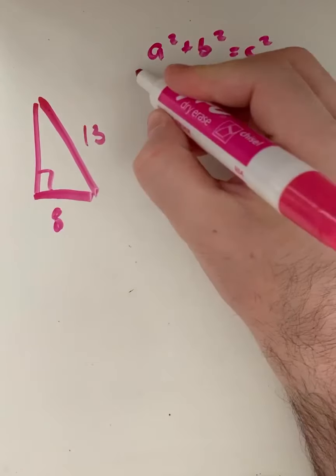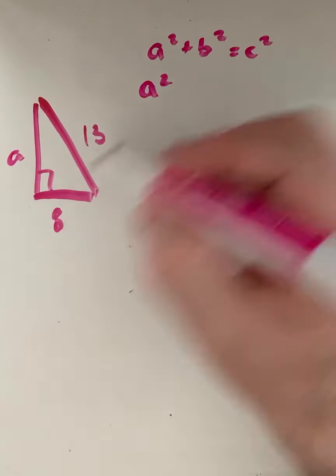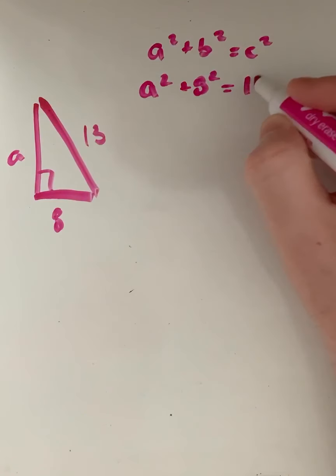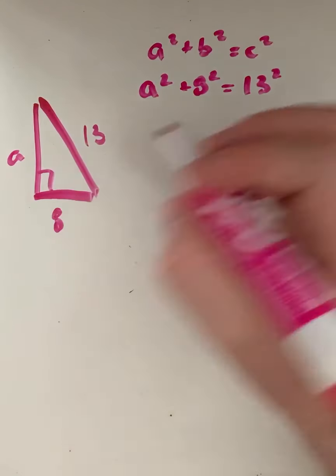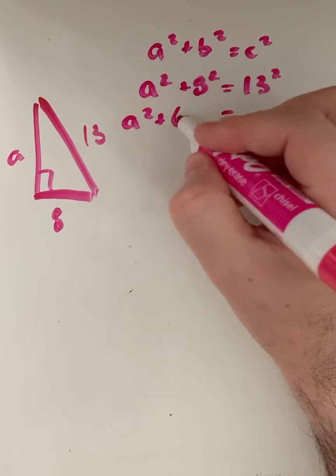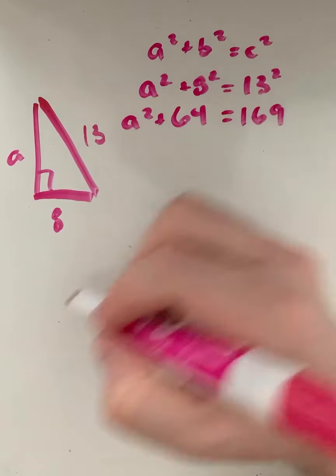We know a squared we don't know yet, because this is a. b squared we know is 8 squared, equals 13 squared. Do the math: a squared plus 64 equals 169.